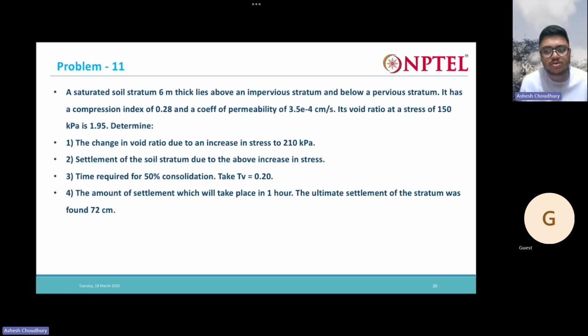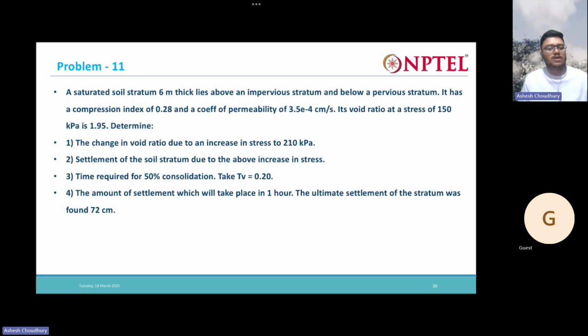So let us see this problem. A saturated soil 6 meter thick lies above an impervious stratum and below a pervious stratum. It has a compression index of 0.28 and a coefficient of permeability of 3 to the power minus 4 centimeter per second. Its void ratio at a stress of 150 kPa is 1.95.